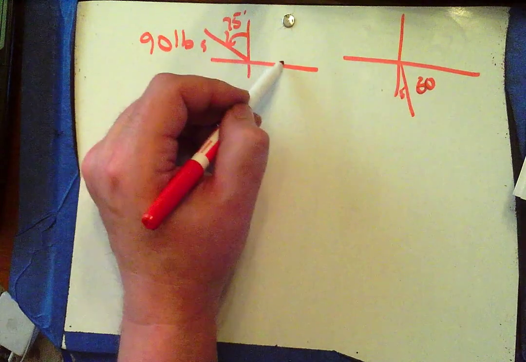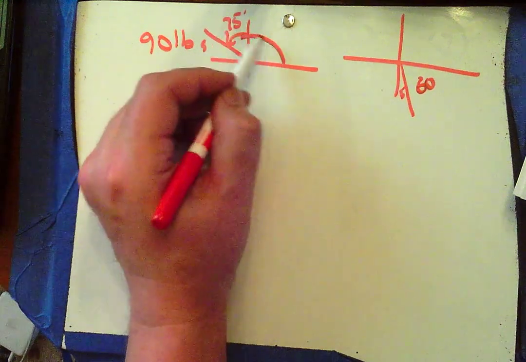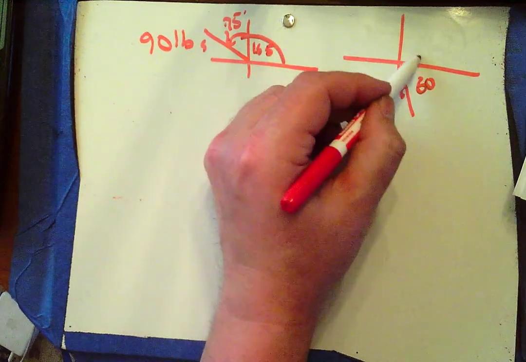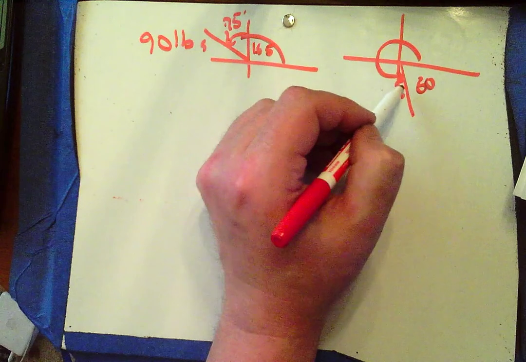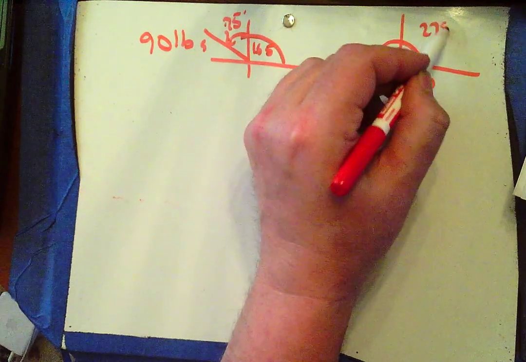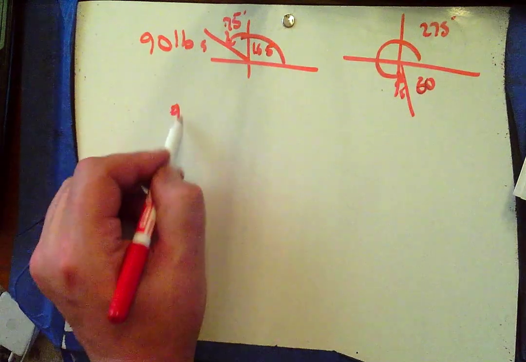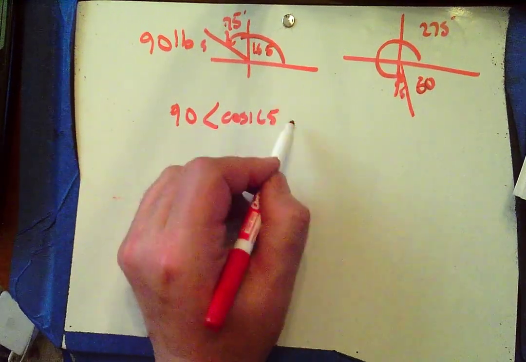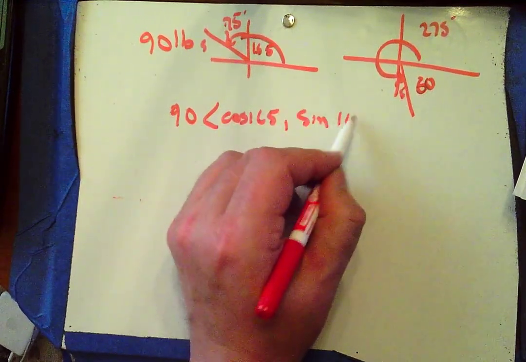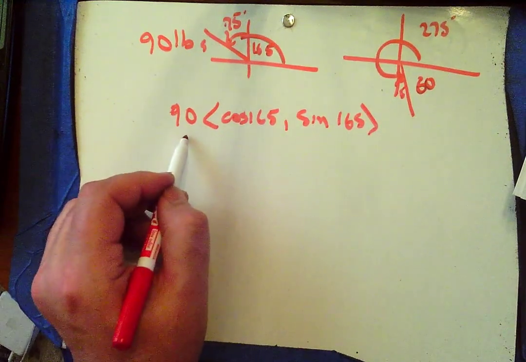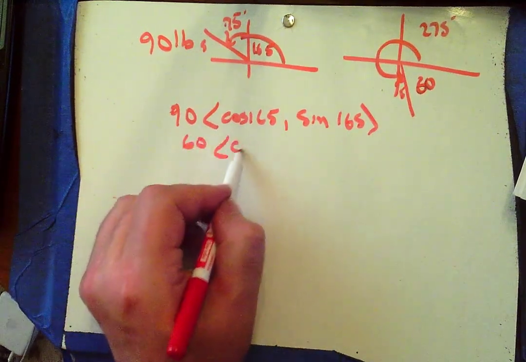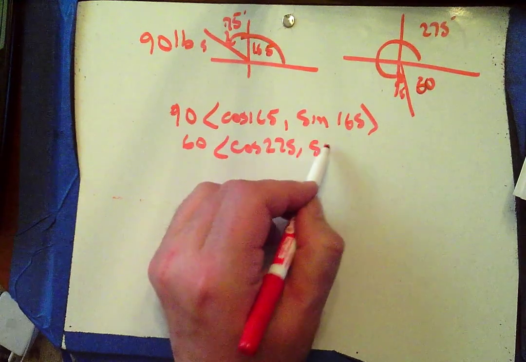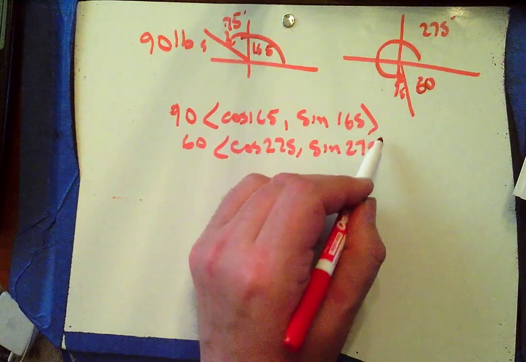Well, let's first say that this whole angle is 90 plus 75, or 165. And this whole angle is 275. So I'm going to say 90 cosine 165 sine 165, and then here we have 60 cosine 275 sine 275.